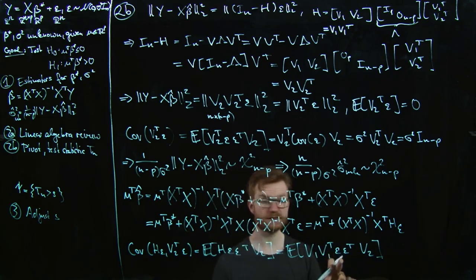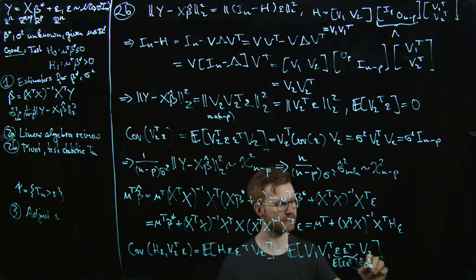This thing here has covariance matrix sigma squared times identity. So this one, expectation of epsilon transpose, is sigma squared times identity.